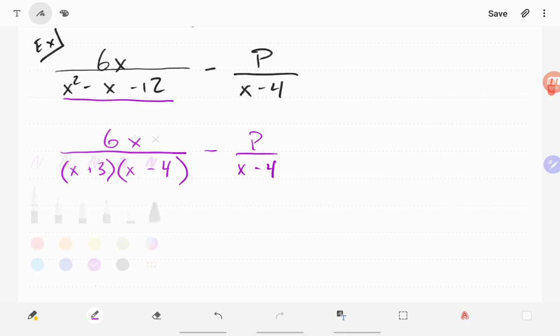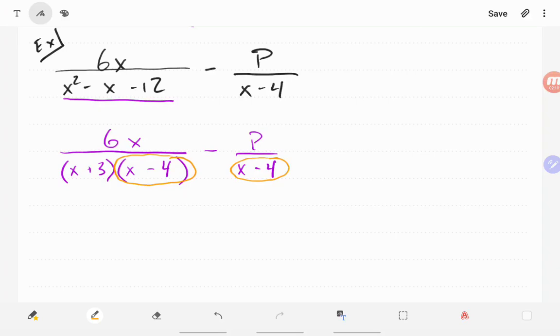And I want you guys to notice something kind of cool here: once we factored this, we see that there is something common between both denominators. There is an x minus 4 in both of these denominators.